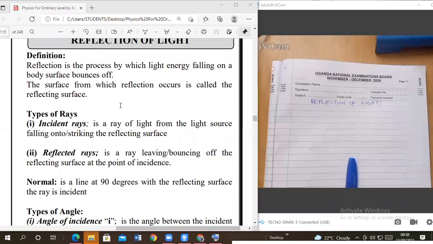We said reflection is a process by which light energy falling on a body surface bounces back. Or someone can just say it is the bouncing back of light when it strikes.